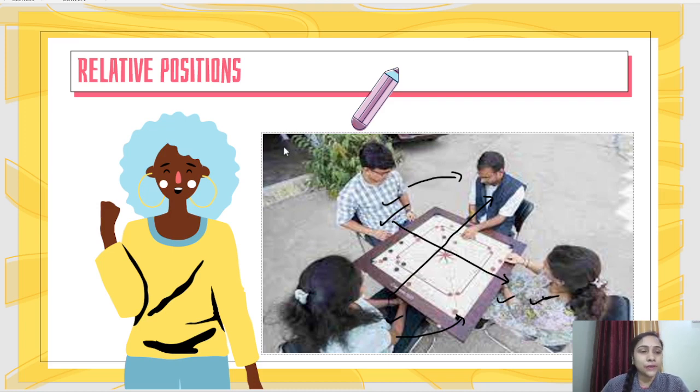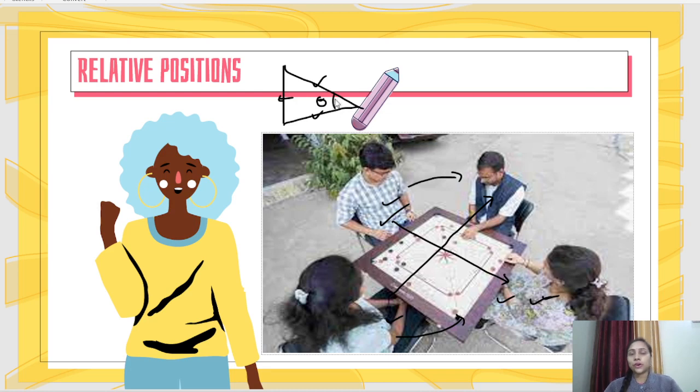If we consider a triangle like this, and we take this angle into consideration, then according to this angle, this side of the triangle is known as the opposite side, and these two sides are known as adjacent sides.